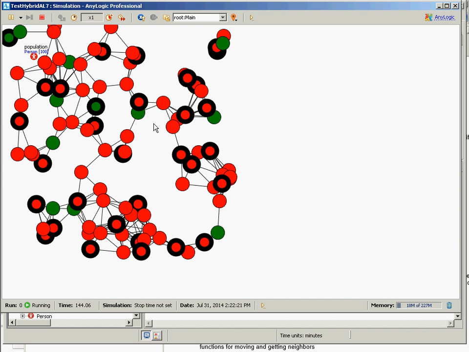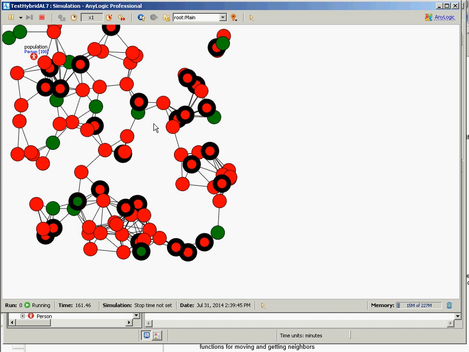So it's a very useful level of flexibility that's conferred by the ability to mix and match these sorts of models. I hope I've conveyed to you that building these hybrid models is not terribly more complex than building an agent-based model by itself. It's just that conceptually it has different types of pieces in it.